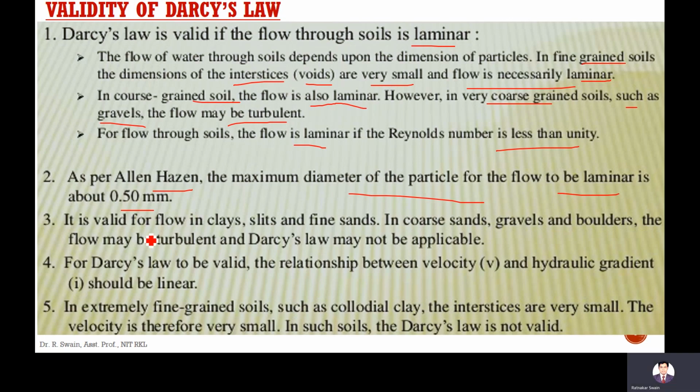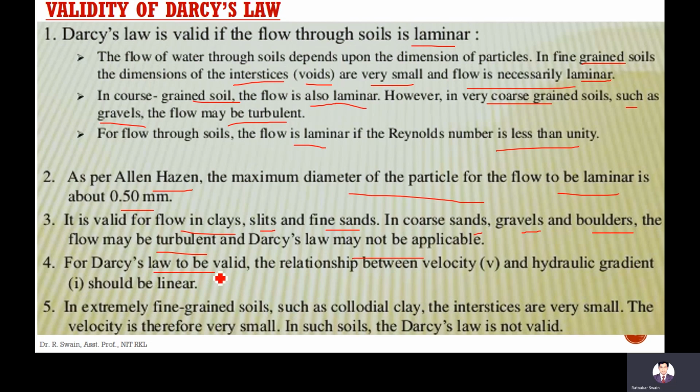Since laminar flow can occur only in fine-grained soils, Darcy's law is valid for clays, silt, and fine sands. In coarse sand, gravels, and boulders, when the particle size increases, the flow becomes turbulent, and Darcy's law will not be applicable.